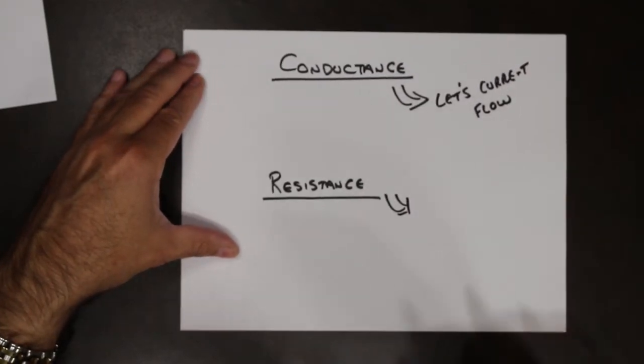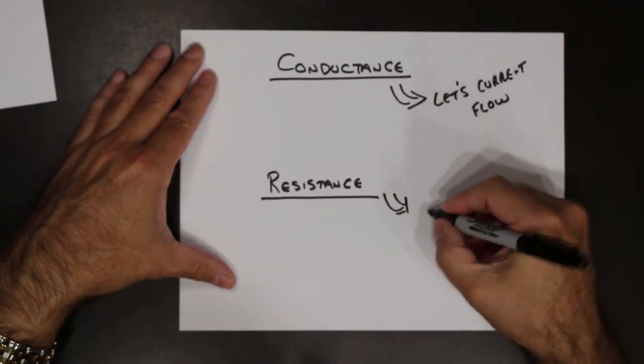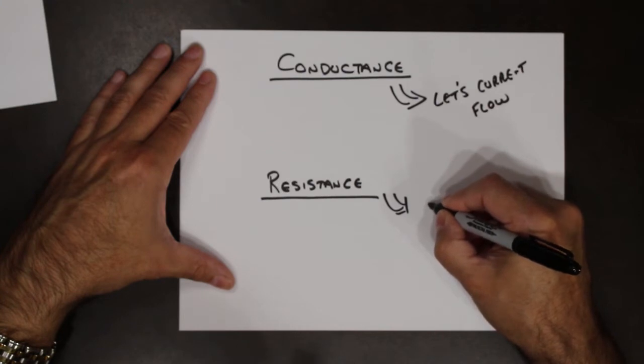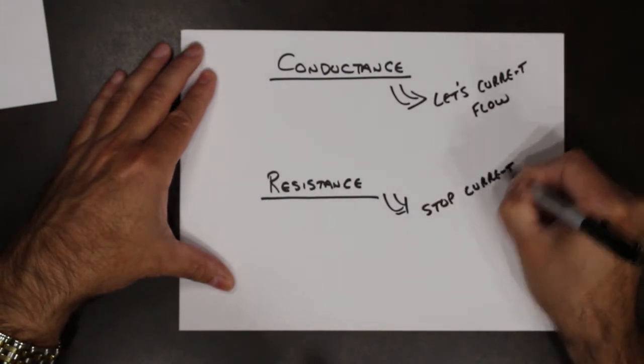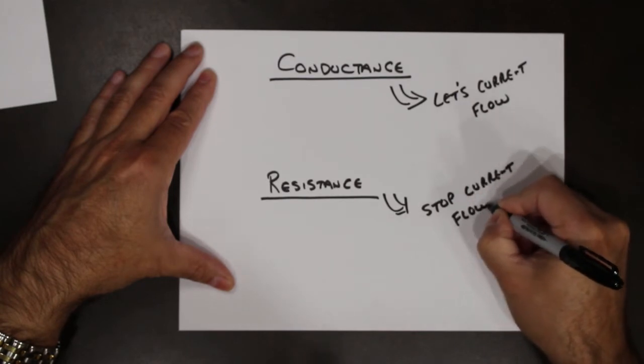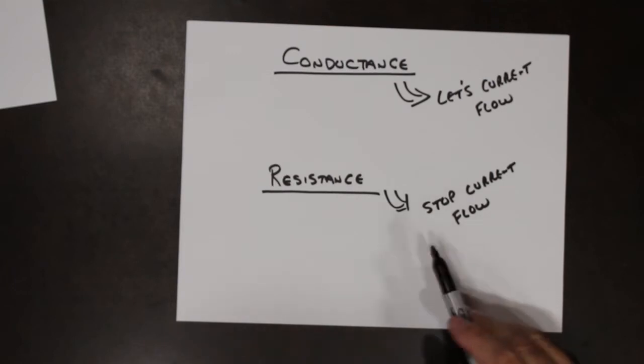Resistance tries to hold current back. So resistance tries to stop current from flowing. So they're the complete opposite.